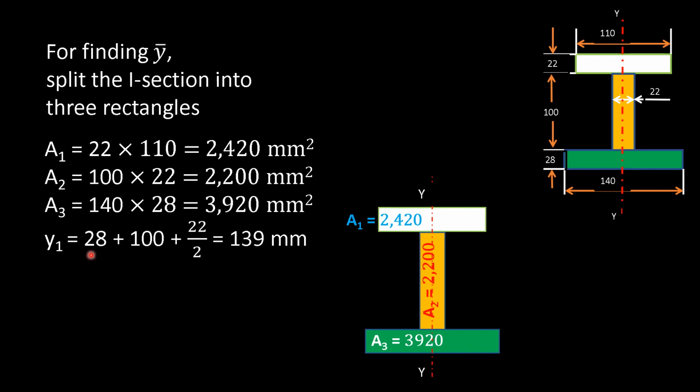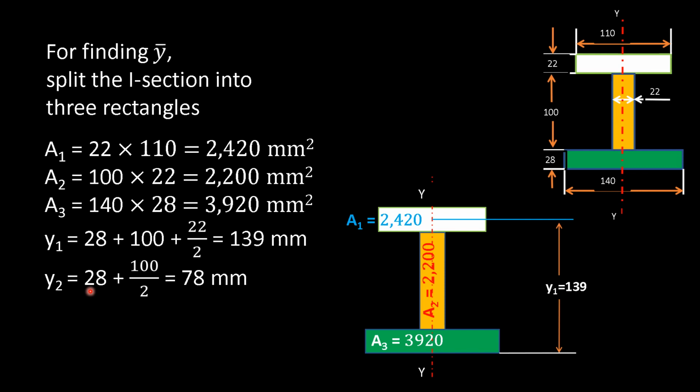Y1 equals 28 plus 100 plus 22 divided by 2, which is 139 mm. So this is 139 mm.